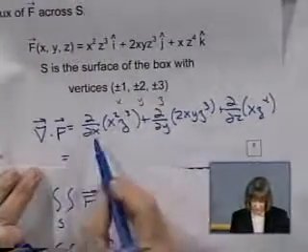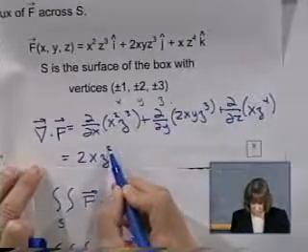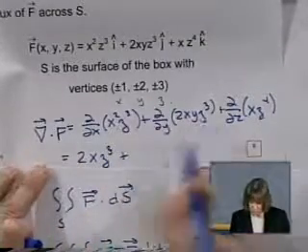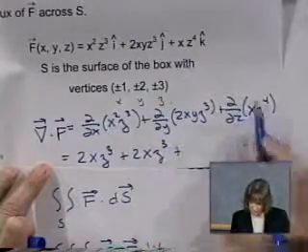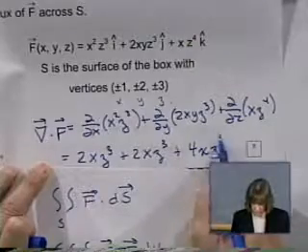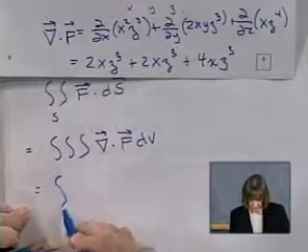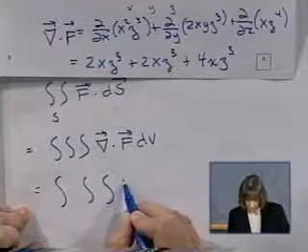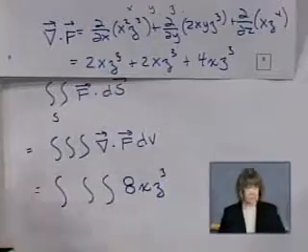So partial with respect to x gives me 2xz cubed. Partial with respect to y is 2xz cubed. Partial of that with respect to z is 4xz cubed. So we're going to be integrating 2 to 8, 8xz cubed.